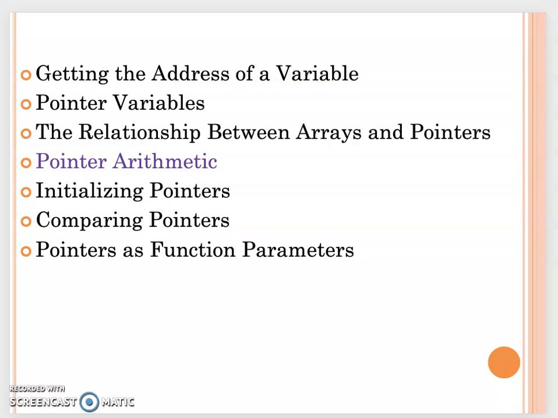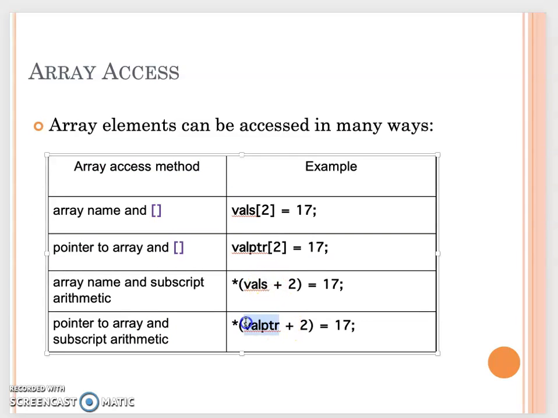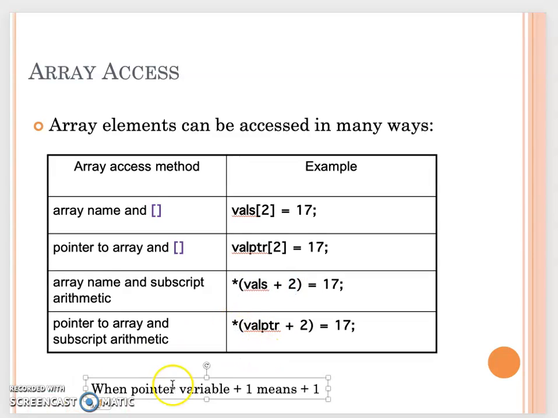So with pointer arithmetic, when we do addition, remember that the pointer is holding an address. But when we do plus 1 or plus 2, it is not adding bytes. Plus 2 means plus 2 times the size of the pointer's data type, and then they do the calculation.